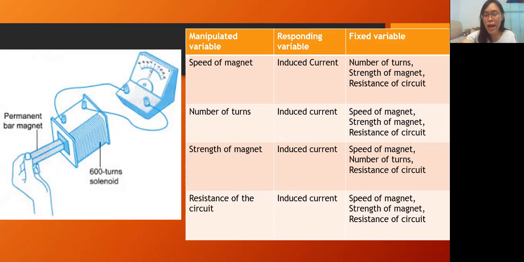The induced current can be measured using a galvanometer. The greater the speed, the greater the induced current. The fixed variables can be the number of turns, the strength of the magnet, or the resistance of the circuit. As I said just now, the wire may be what affects the resistance of the circuit. Can? So this one I don't think you need to copy down.